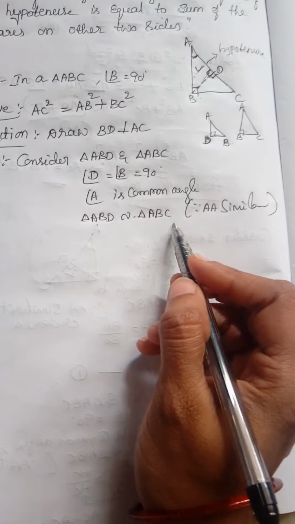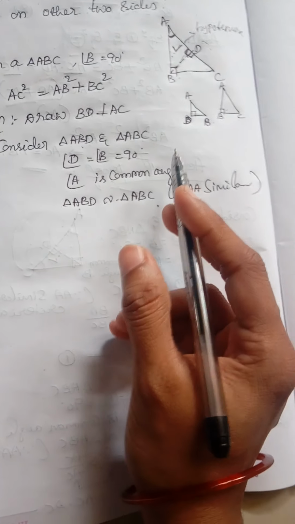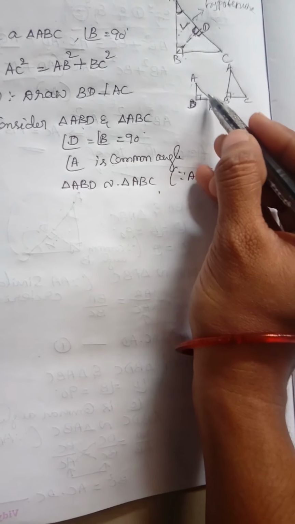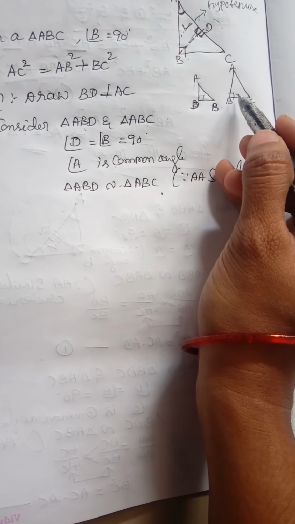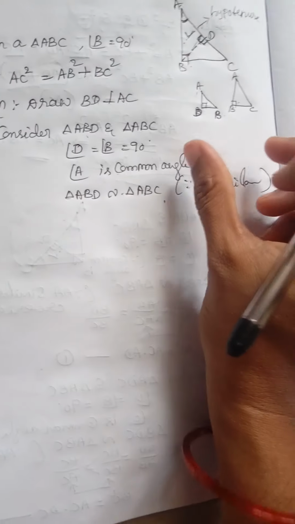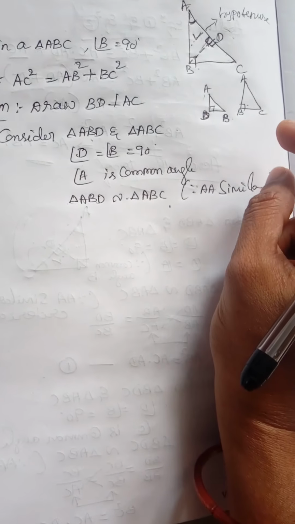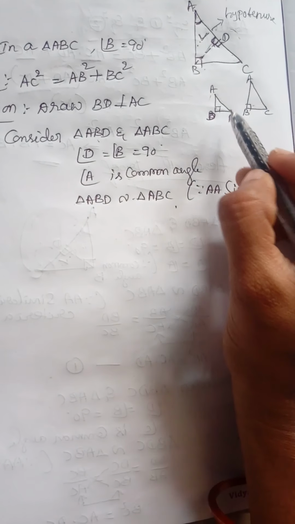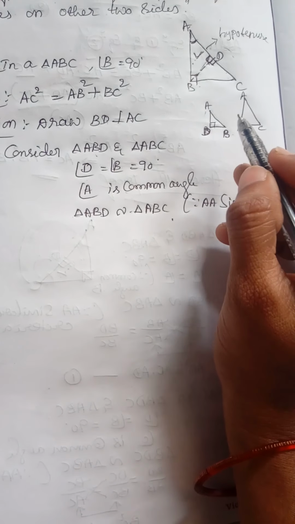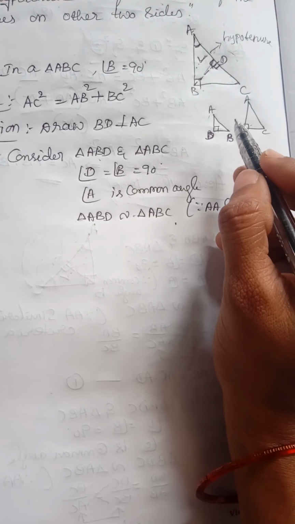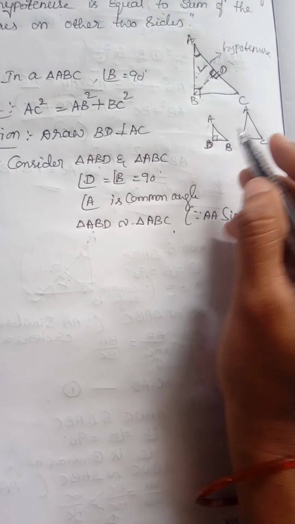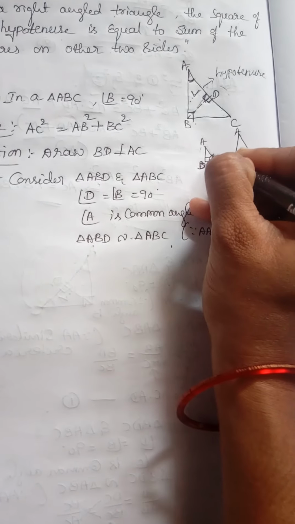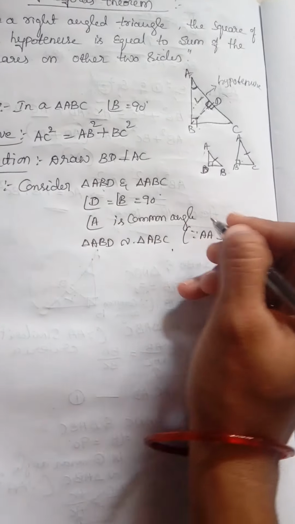When two triangles are similar, their corresponding sides are in proportion. Therefore, in triangles ADB and ABC, AB is common to both triangles, so we take only the ratios involving AB.